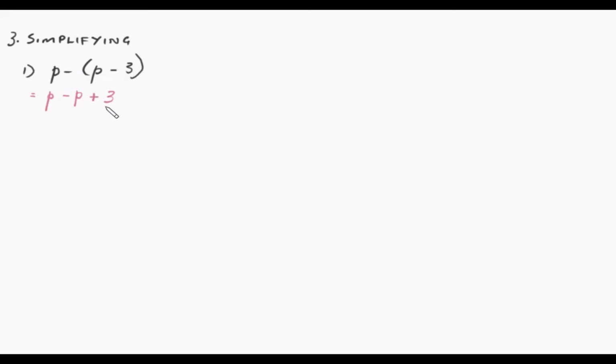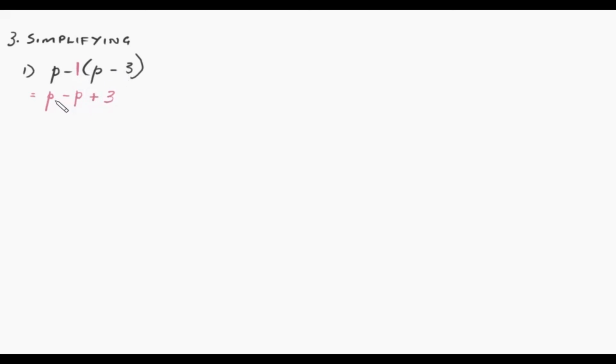Now there is 3 here. Or if you don't mind, you can say, I know there is 1 here, even though it's not written. So it's negative 1 times positive p is going to be negative p. Negative 1 times negative 3 is going to be positive 3. Okay?